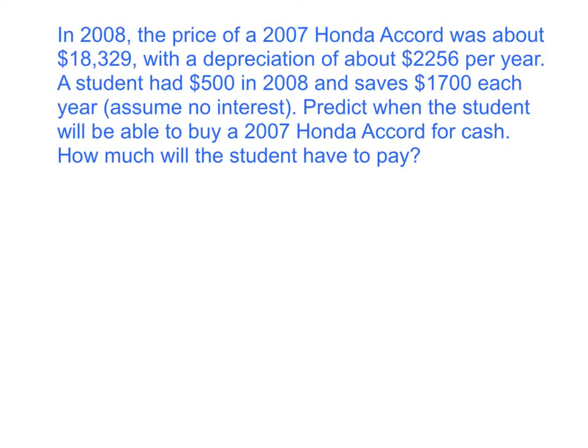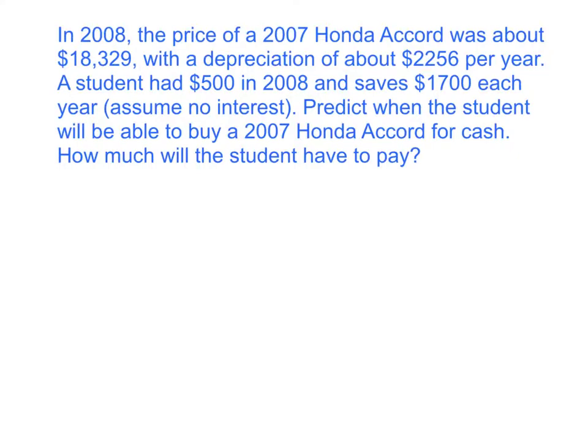Now in this next example, we don't have a set of data given to us, but we do have enough information to be able to make linear equations. Now in 2008, the price of a 2007 Honda Accord was about $18,329, with a depreciation of about $22.56 per year.